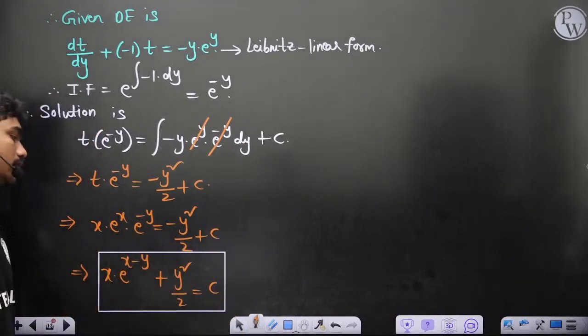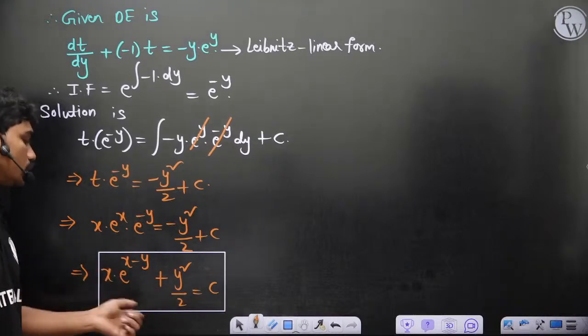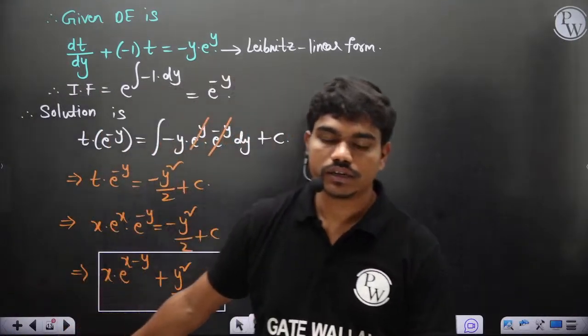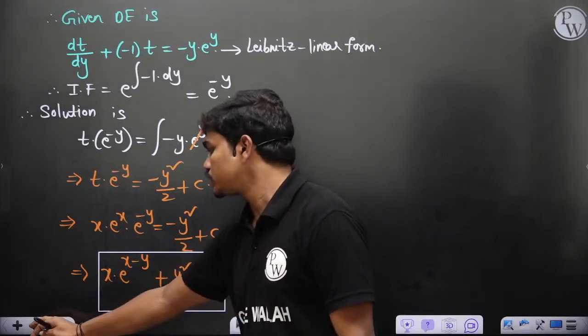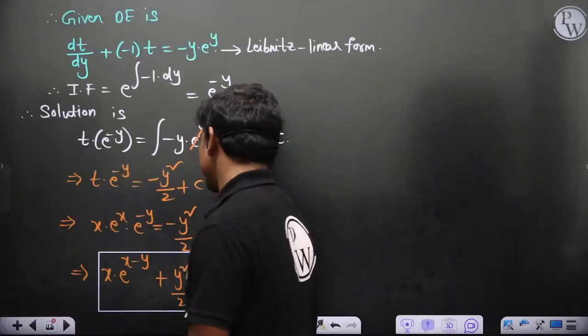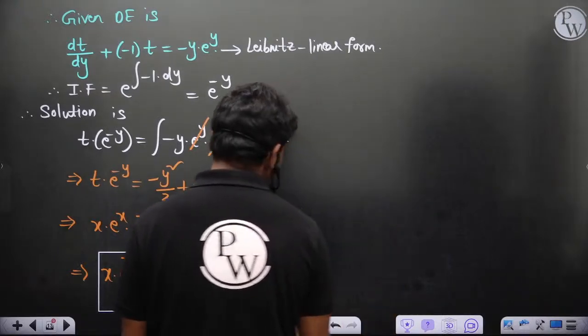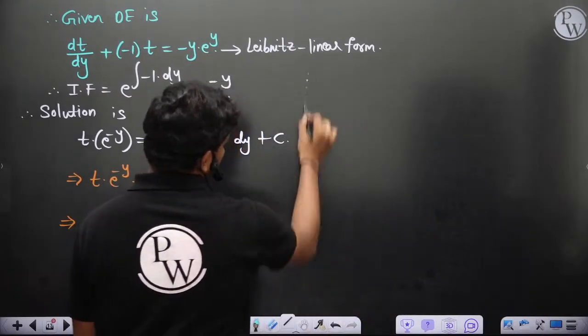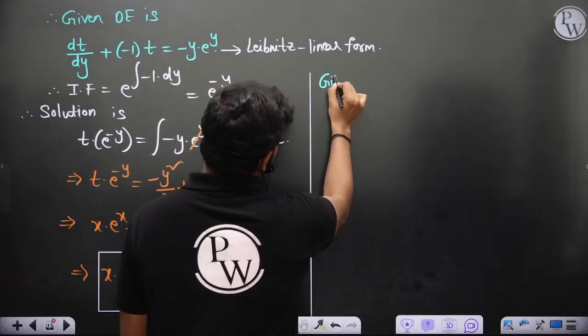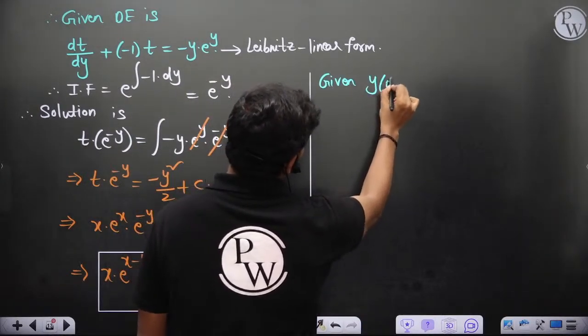Now this is the final solution of the equation, but it's a general solution. To get this constant c, we should apply the boundary condition, which is given. So apply y of 0 is equal to 0.